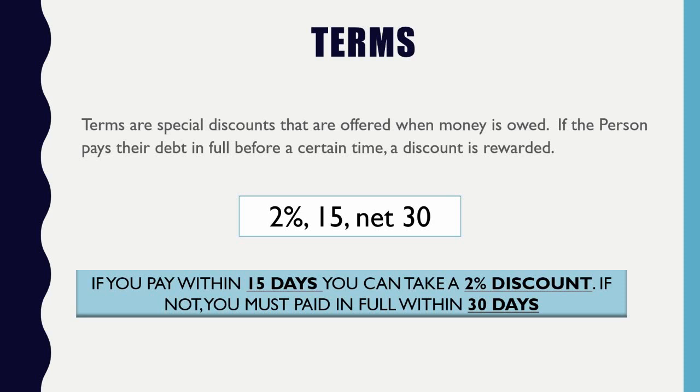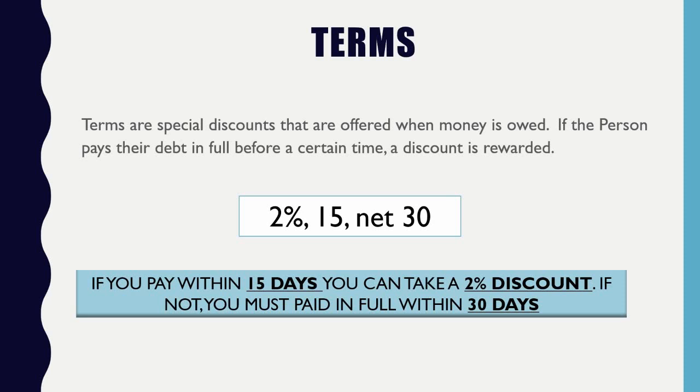Now this is what it will look like. It will normally give you a percentage and a number, net a number. Now what does this mean? In context, this means that if I pay within 15 days, I can take a 2% discount.